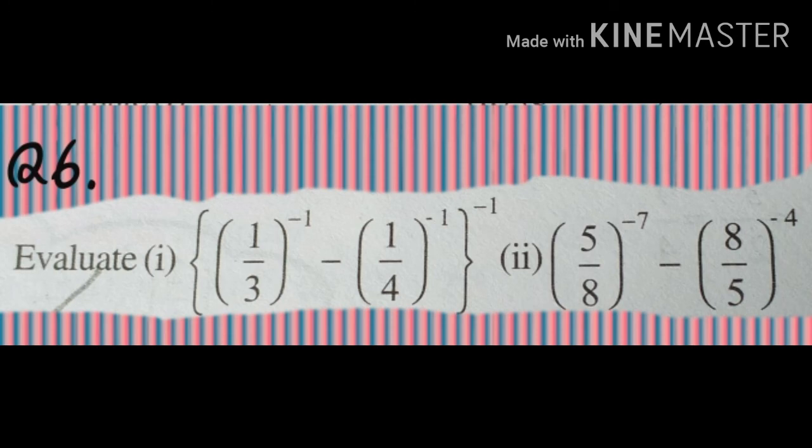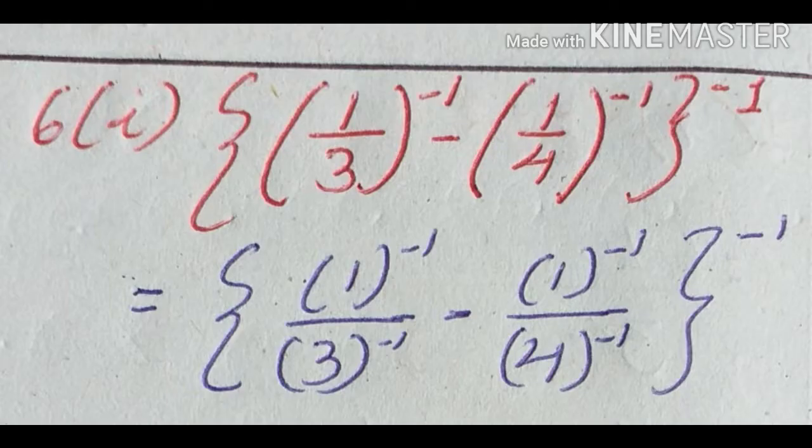Now look at question number 6. There are 2 questions in 6, one I'll do. Question number 1 is: curly bracket, second bracket 1 by 3 whole to the power minus 1, minus first bracket 1 by 4 whole to the power minus 1, curly bracket close, and whole power minus 1. This is the question. Now here also the same thing which I did.